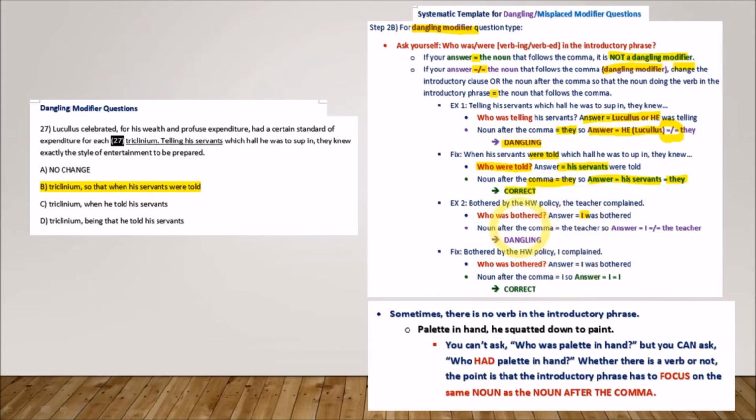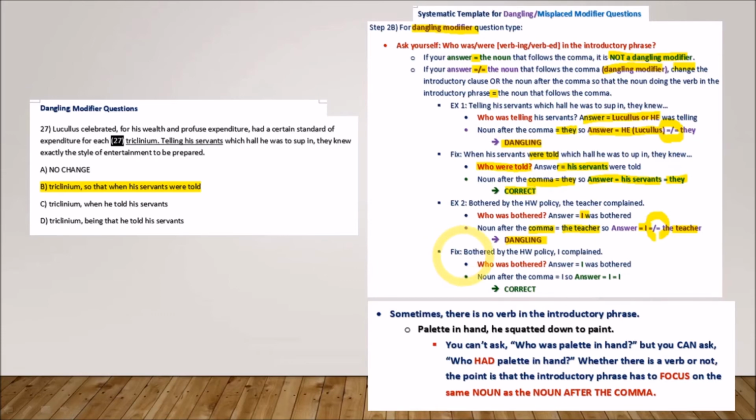But the noun after the comma is the teacher. So your answer, which was I, does not equal the teacher, and we have a dangling modifier. Now some questions will have you change the noun after the comma instead of the entire introductory phrase, but as long as one is changed to equal the other, it's fine.